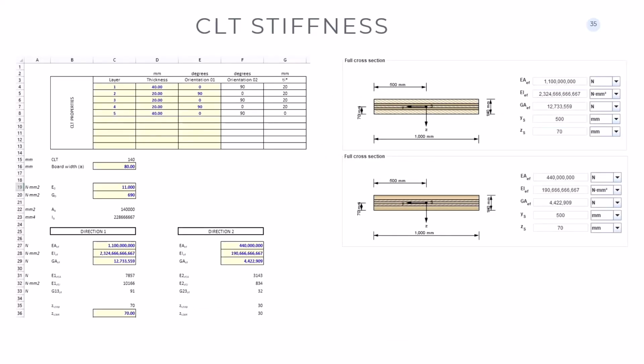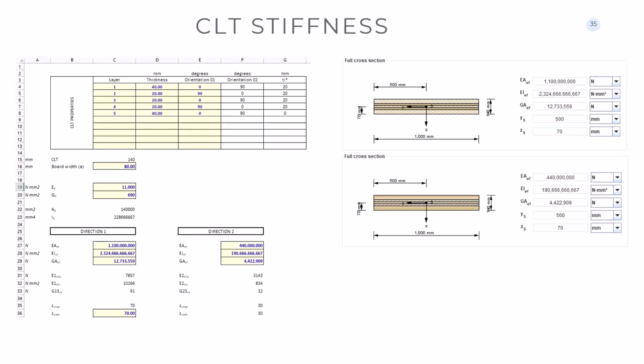The other problem that we face with CLT is the stiffness. As you know, in a building where you have a hyperstatic situation, so it's not isostatic, the forces flow depending on the stiffness. So if you establish the stiffness correctly, then you have the right result.